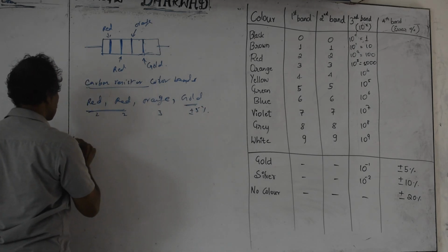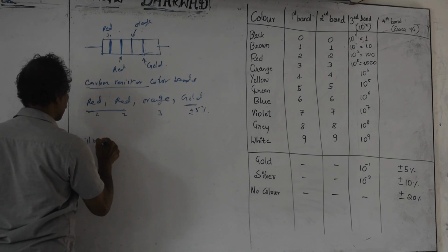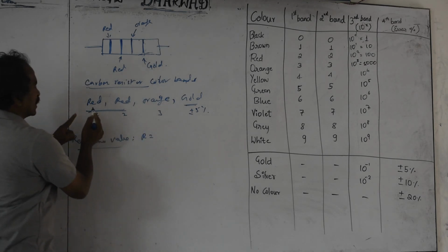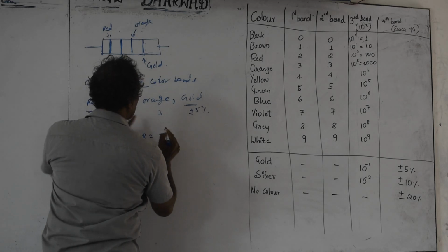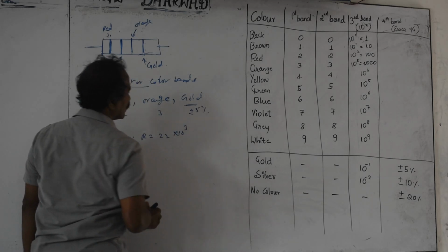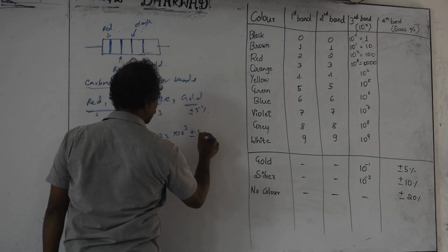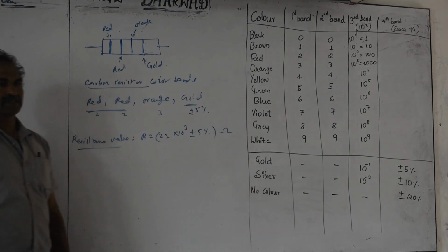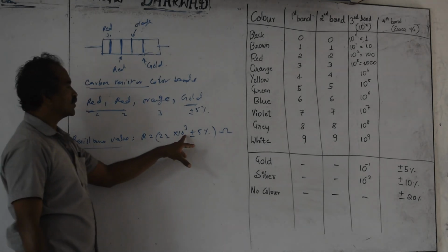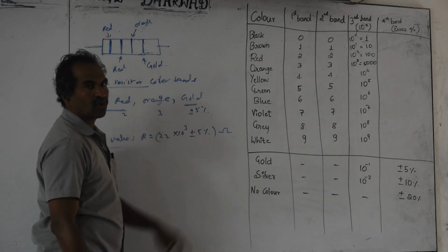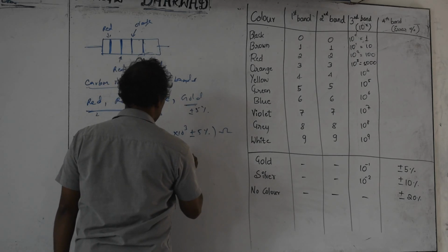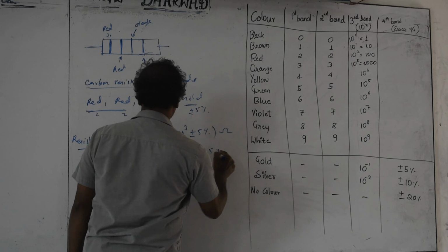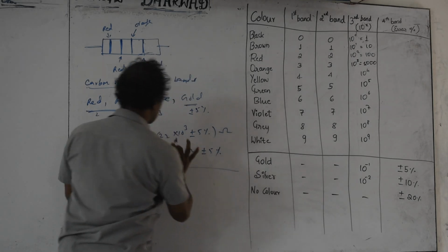That means the resistance value R is equal to 22 into 10 to the power of 3 ohms, plus or minus 5%. 10 to the power 3 is kilo, so this is equal to 22 kilo ohms. Also we can mention plus or minus 5%. This is what they will ask you in the examination.